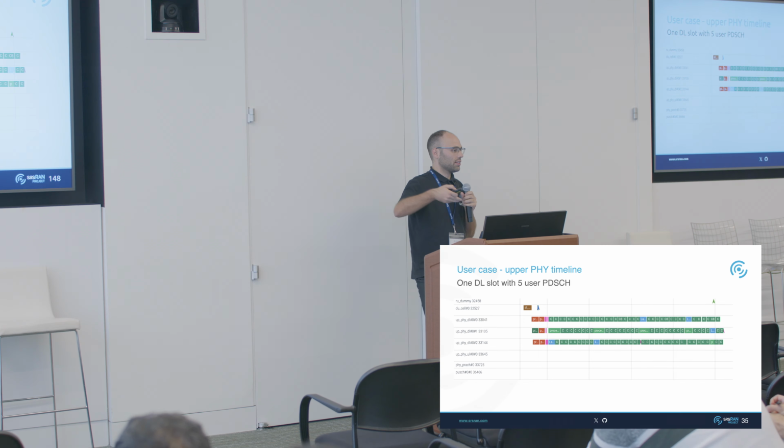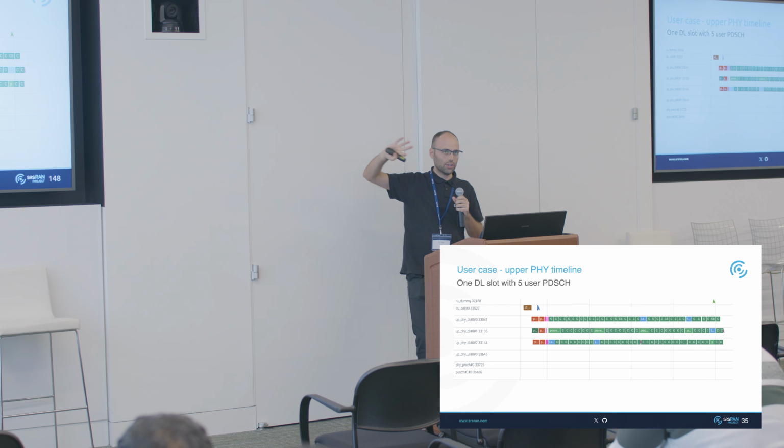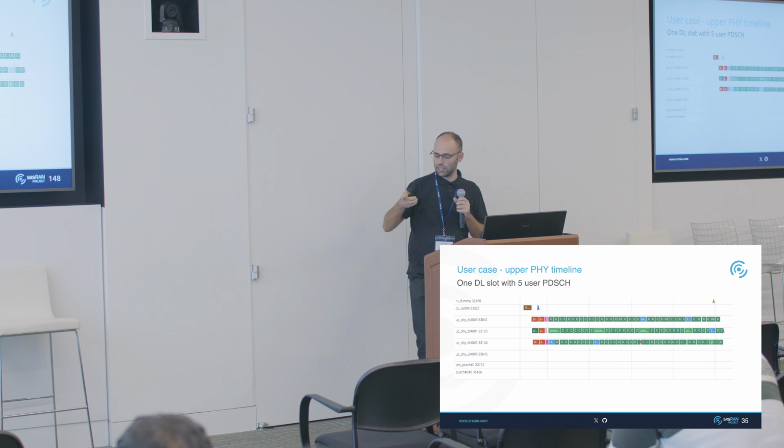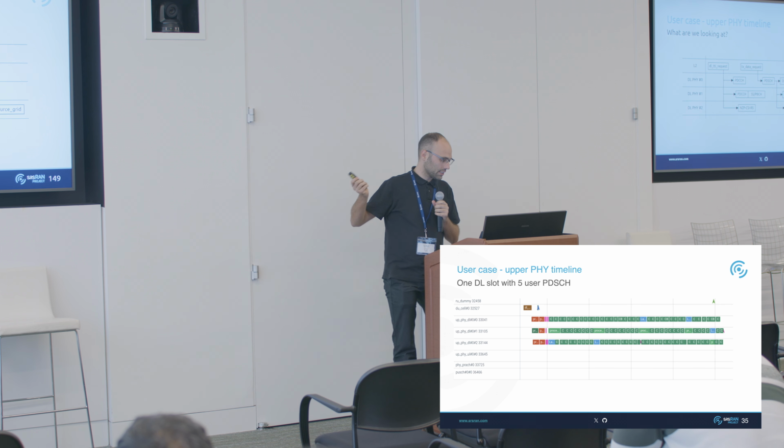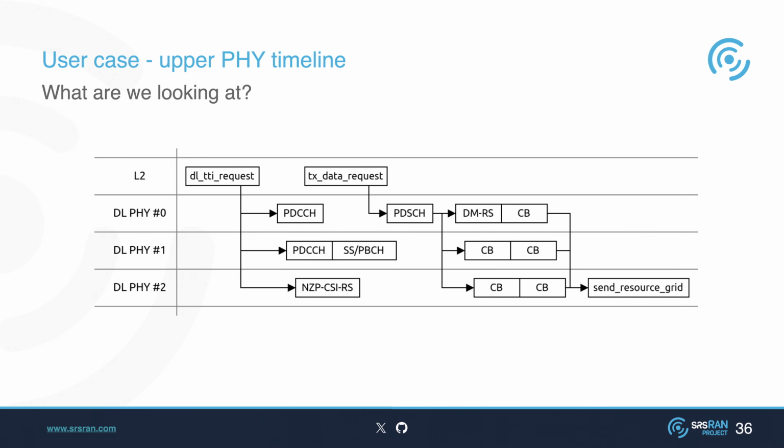With this, we are proving what I said before: we can perform this forking at the code block level for different numbers of users, and then join at the end before sending the resource grid over to the radio. So what we see is this: there is a point, which is the downlink TTI request coming from FAPI.